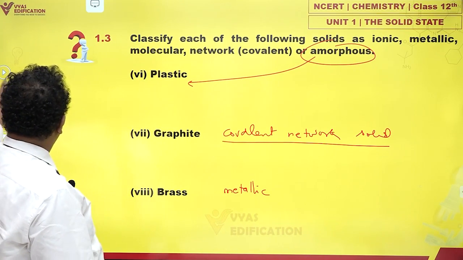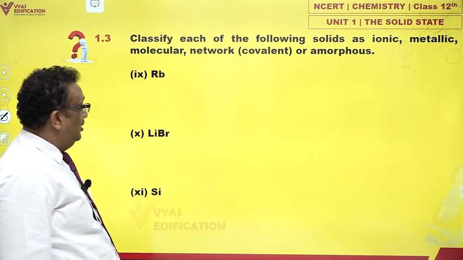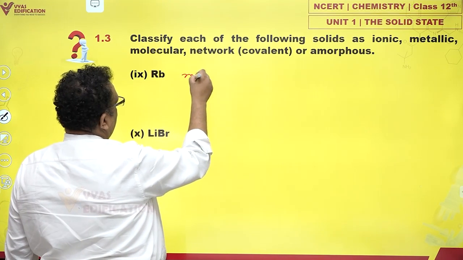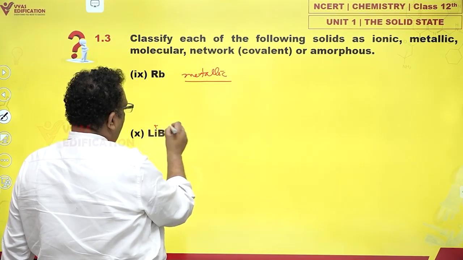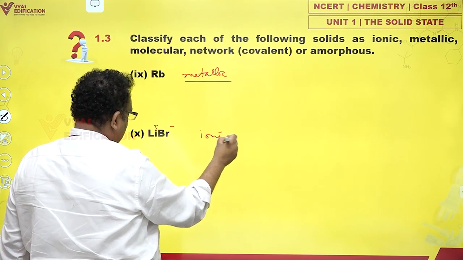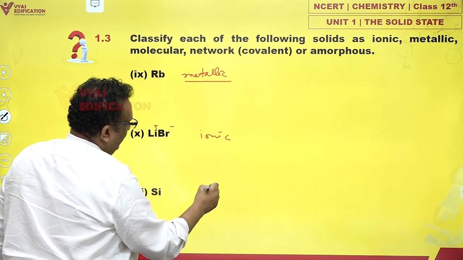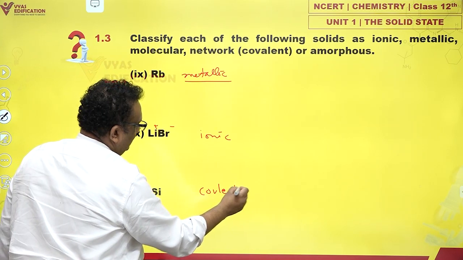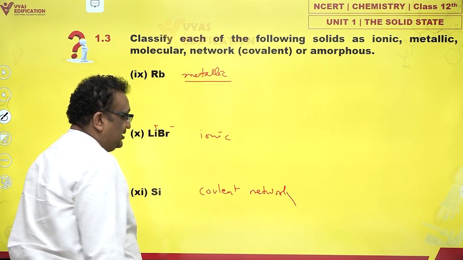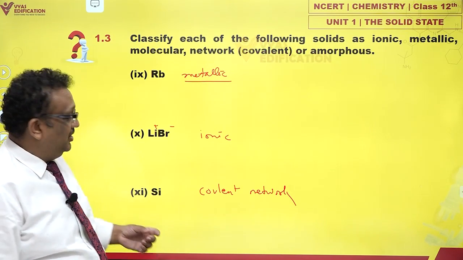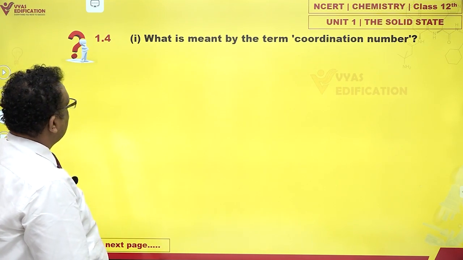Metallic has appeared for the first time, yes, it's a metallic solid. Rubidium is a metallic solid. Lithium bromide is an ionic solid, and silicon again is a covalent network solid. Don't forget, silicon itself has a diamond-like structure. It's a covalent network solid.